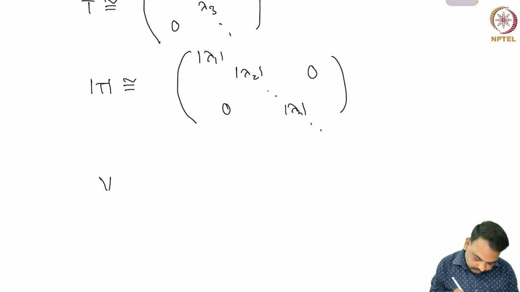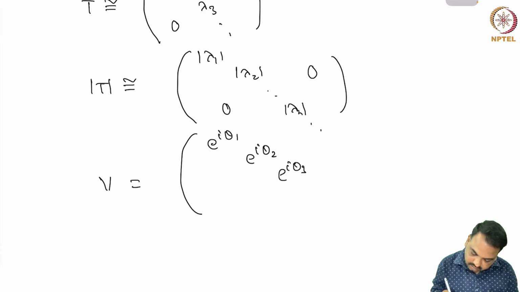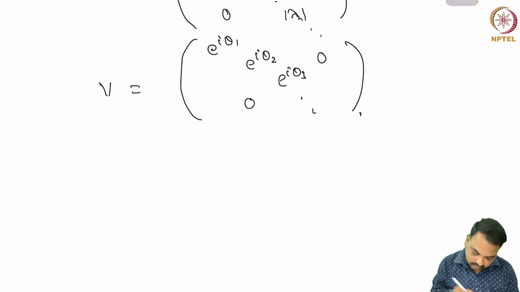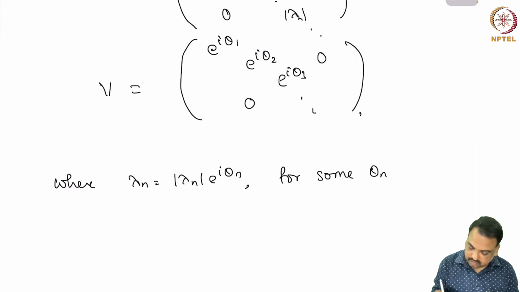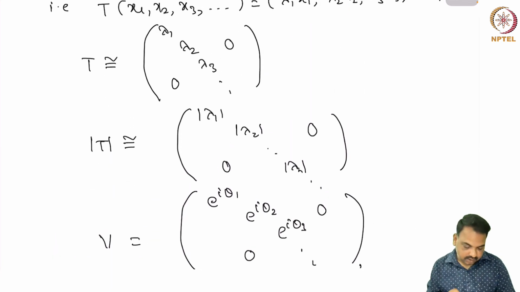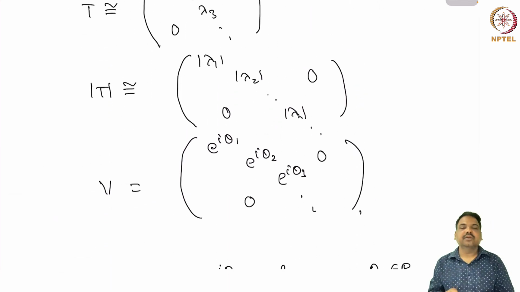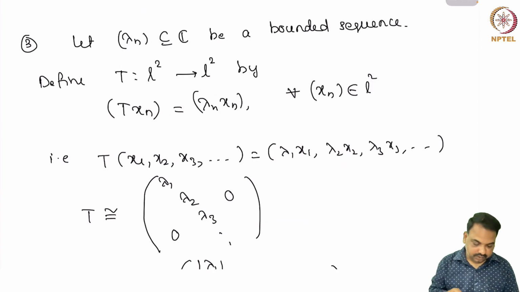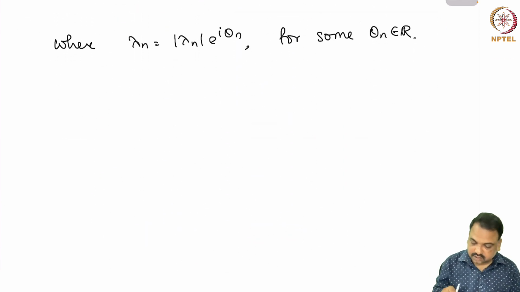And we can actually look at e^(iθ1), e^(iθ2), where λn is |λn| e^(iθn) for some real θn. So in this case we can easily show that T equal to V |T|. So based on this I can give a few exercises.